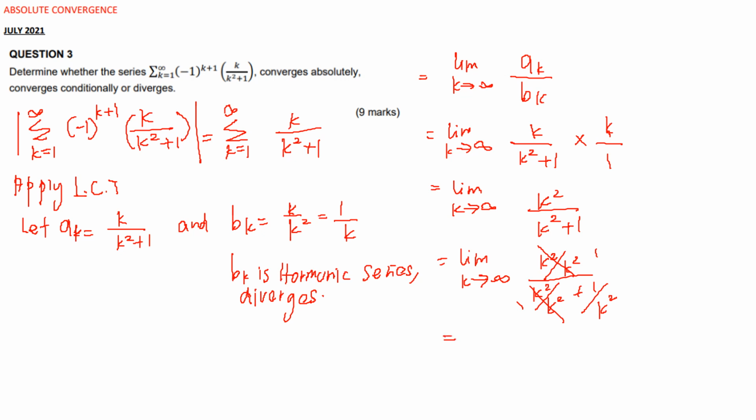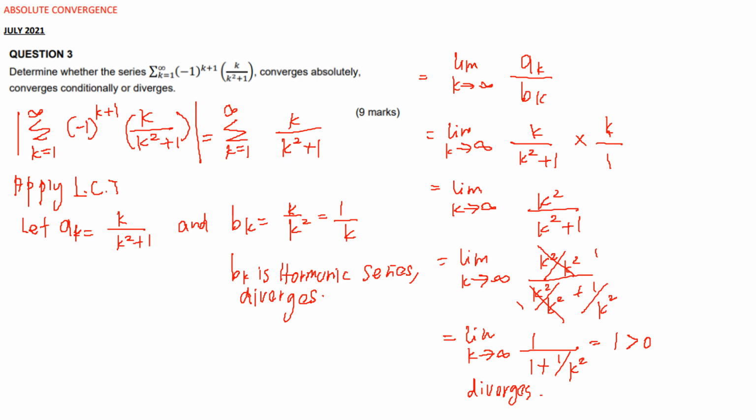If you simplify, the limit as k approaches infinity of 1 over 1 plus 1 over k squared. If you substitute k with infinity, your answer will be 1, which is more than 0. Therefore, it diverges since the series of b_k diverges.